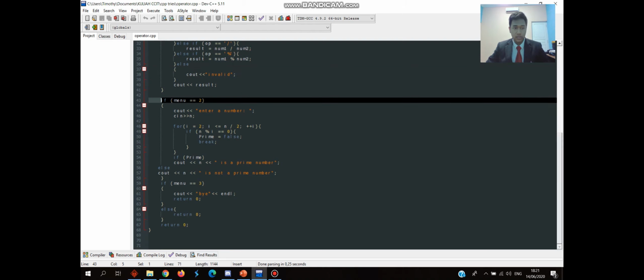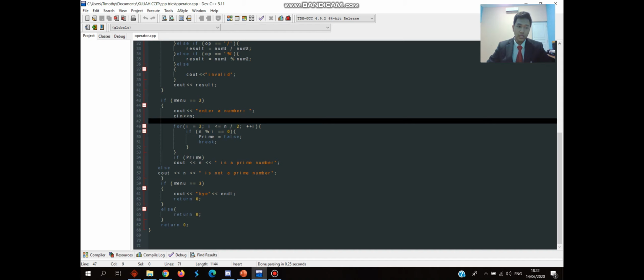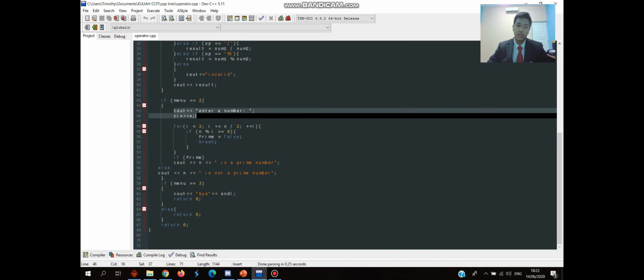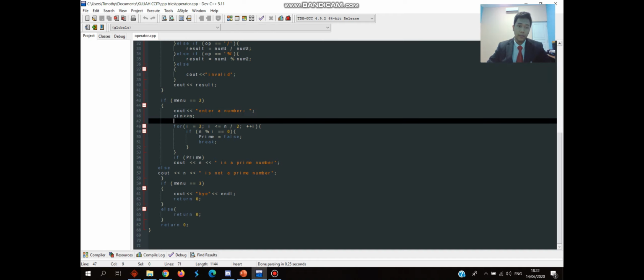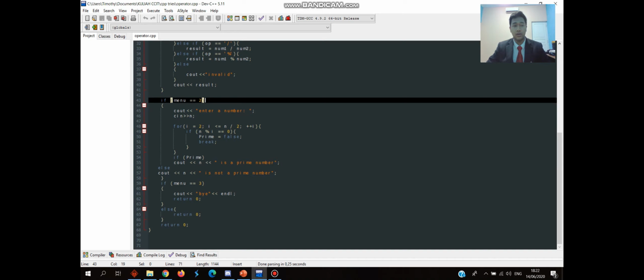Let's take a look at what this piece of code does. We adopt the theory of direct search factorization into this code. In this code, we ask the user to enter a number if they want to check whether it is prime or not.